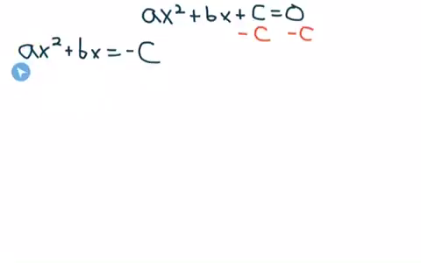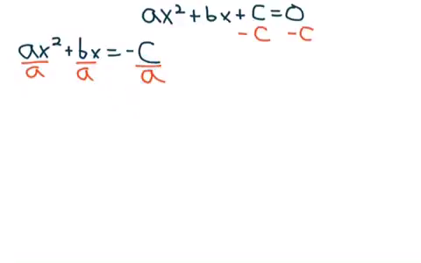It could be 1. But just to make sure, we need to divide every single term by a to make sure that we have a 1 in front of our squared variable term. Whatever you do to one side, you have to do to both sides. So when you divide the first term by a, you have to divide the second term by a and the third term by a. Every single term needs to be divided by a.